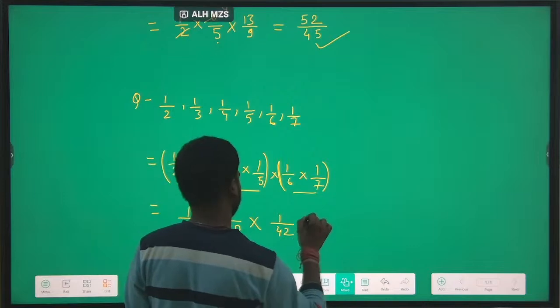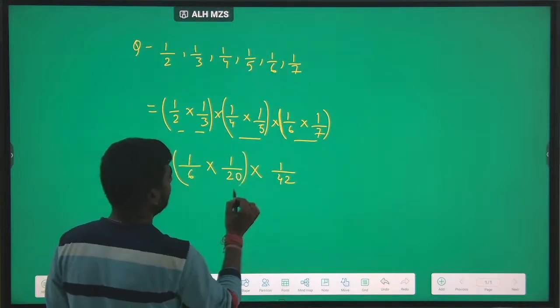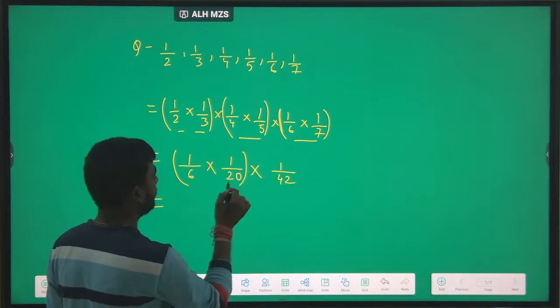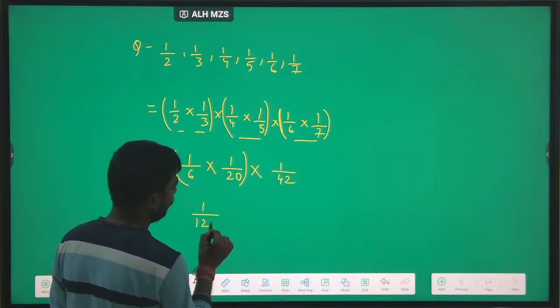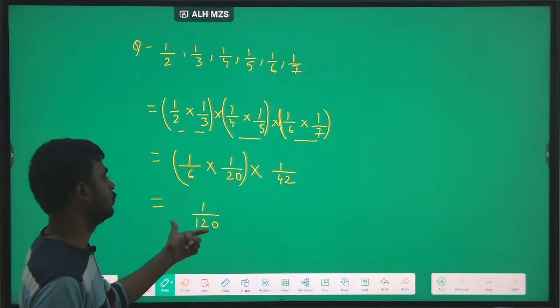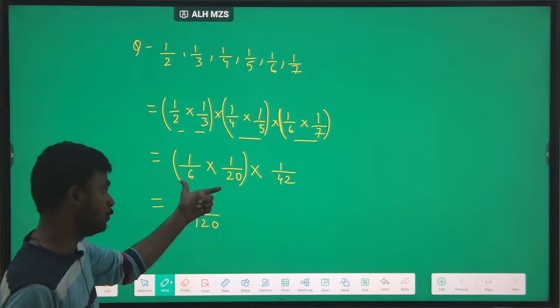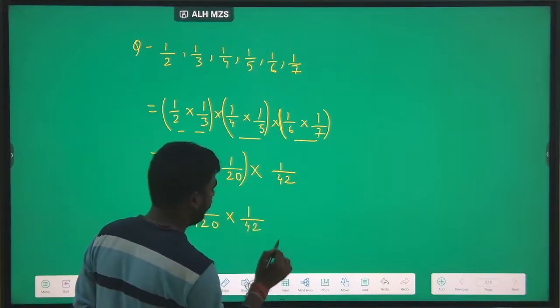Now we will multiply these two first. So 1 by 6 into 1 by 20: 1 into 1 will be 1, 6 into 20 will be 120. 6 2s are 12 and 0 will be here. So 1 by 120 is the fraction on solving these two fractions, and it will be multiplied with 1 upon 42.